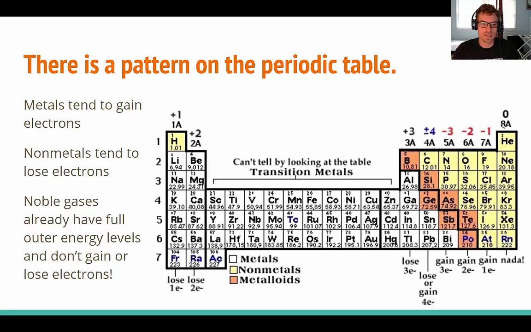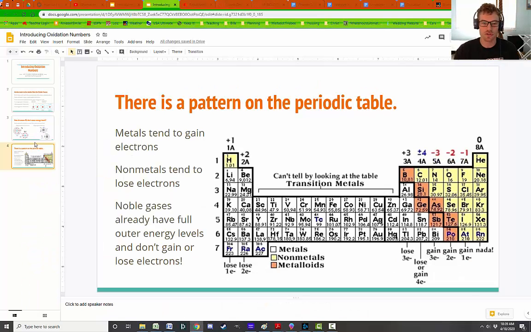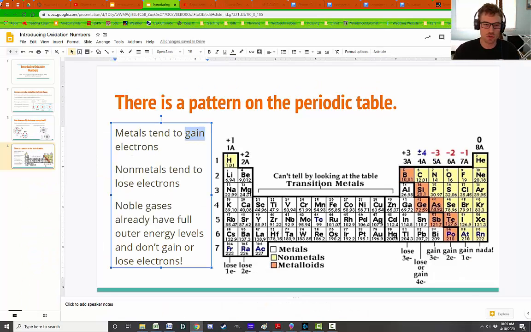Because all of the group 1A elements have 1 valence electron, lithium was an example we just looked at, all of the elements in group 1A will lose that 1 valence electron in order to fill their outer energy levels, and so they will all have a +1 charge. They're all going to lose 1 electron. Magnesium has 2 valence electrons. It's always going to lose those 2 valence electrons. So all of group 2A is going to have a +2 charge.